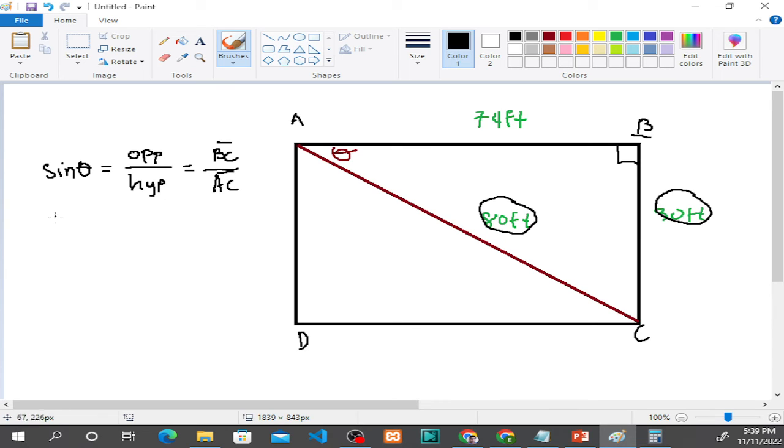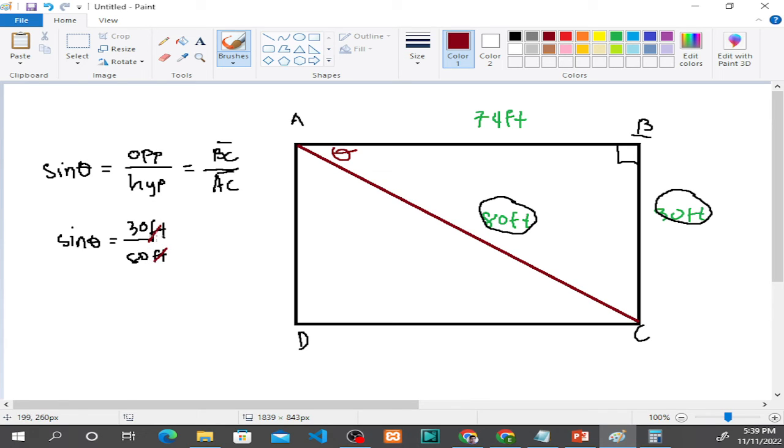So when you substitute it, you're gonna have sine theta is equivalent to length of line BC, which is 30 feet, all over 80 feet. Okay, so this will be unitless because the feet will cancel out, since foot divided by foot is just 1.